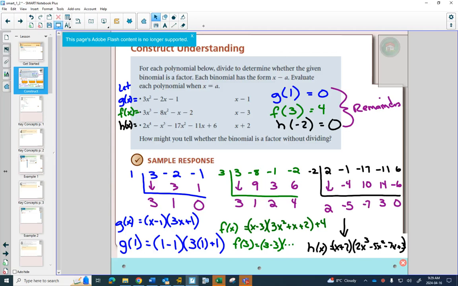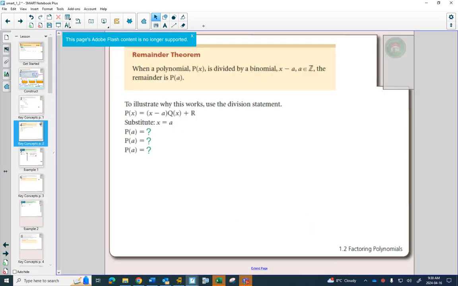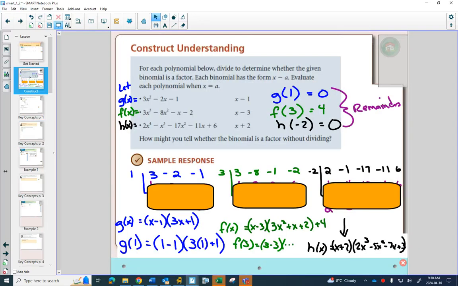And if we turn to the next page, this is called the remainder theorem. So it says when a polynomial is divided by x minus a, if you plug in a into your polynomial, you always get your remainder. This is the way that in mathematics we would say it in general, but we have seen it now with a specific, and when you see it with a specific, then the general makes sense. Sometimes if you just see the general rule first, you're confused. You have to see it with a specific example. And this will always happen.